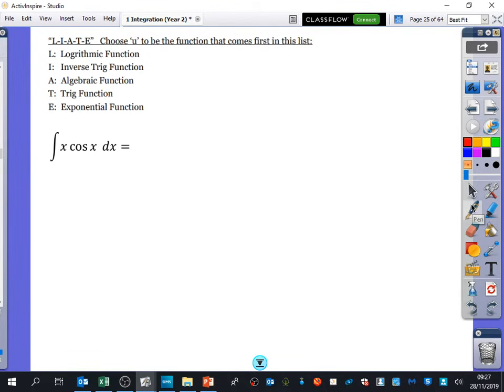Okay? So I'm just going to do a quick reminder that our formula says to integrate by parts, the integral of u v dash with respect to x is uv minus the integral of v u dash dx. And the things that we're going to pick here is x is going to be our u, and v dash is going to be our cos x.